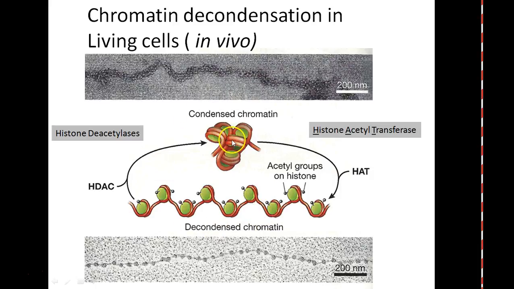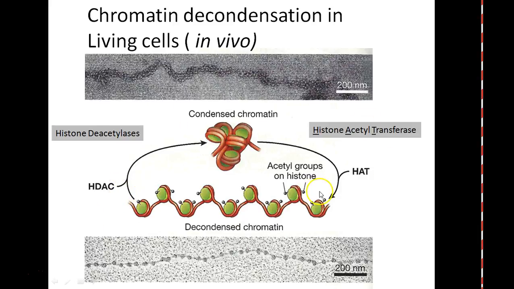So if this is a silenced heterochromatin, this histone acetyltransferase would acetylate the chromatin and allow for the opening of the chromatin structure, converting the condensed chromatin to euchromatin.